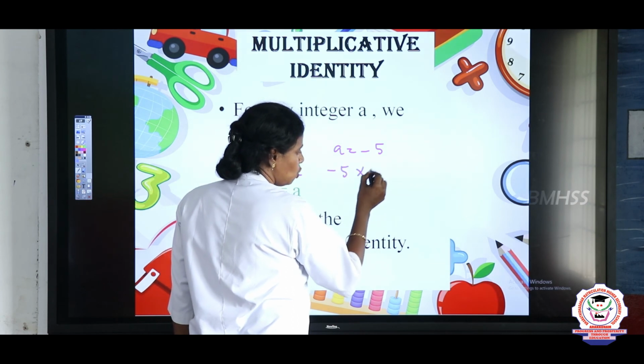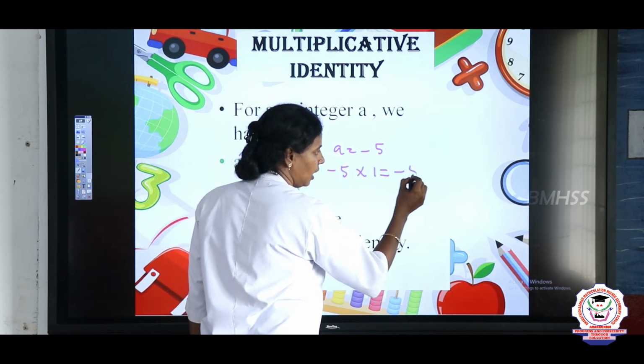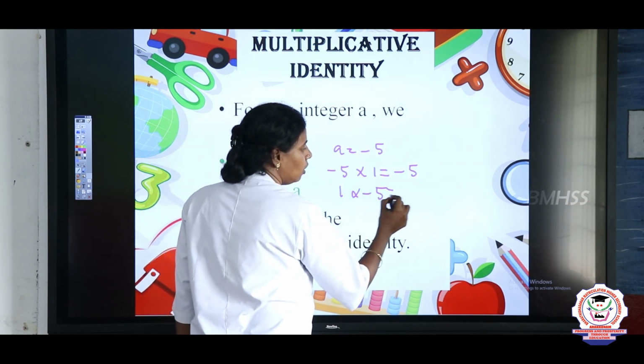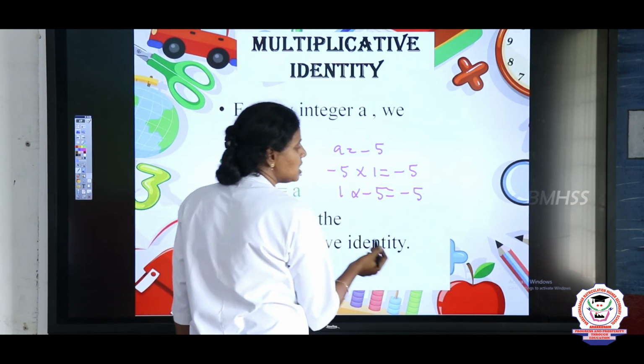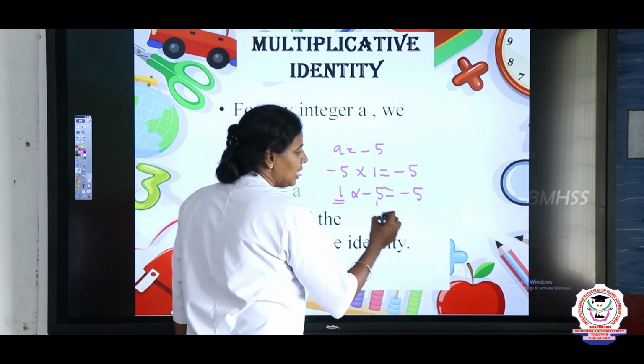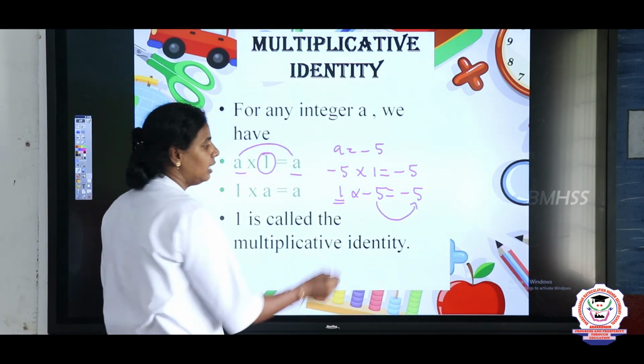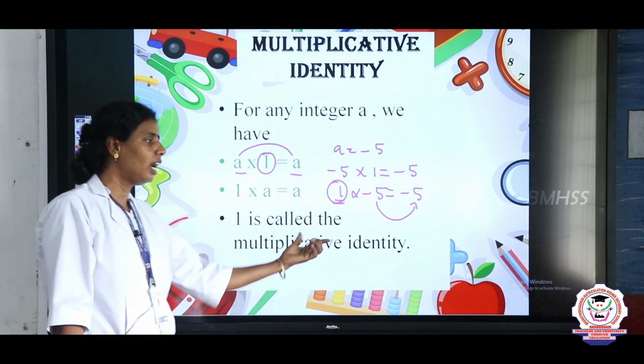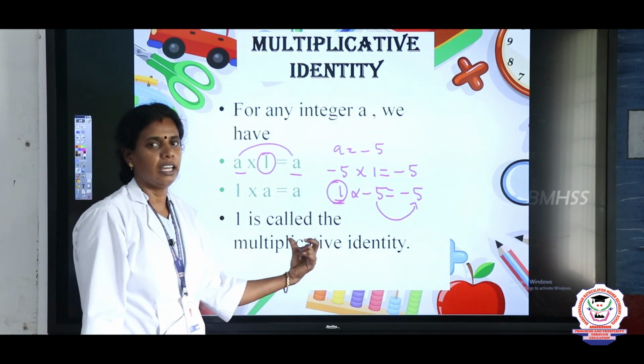Minus 5 into 1 gives what? Minus 5. If you multiply 1 into minus 5, what will be the answer? Again it will be minus 5. If you multiply with 1, the same integer will be the answer. Then here 1 is the identity of multiplication. That is, 1 is called the multiplicative identity.